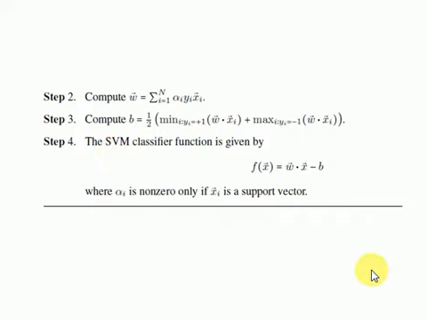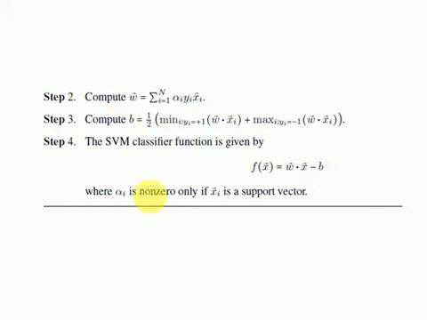So it uses the equation of a straight line, that is y is equal to mx plus c, or m into x plus b equal to 0, or we get the discriminant function given by f of x is equal to w into x minus b, where w is a weight vector and b is a bias.